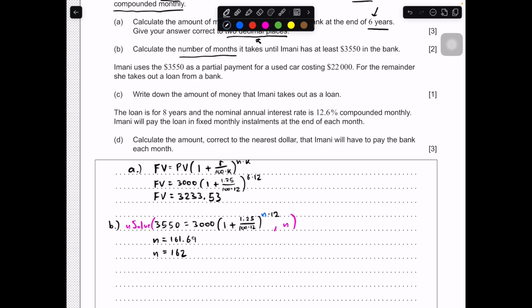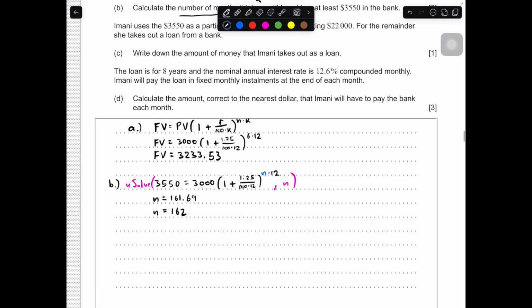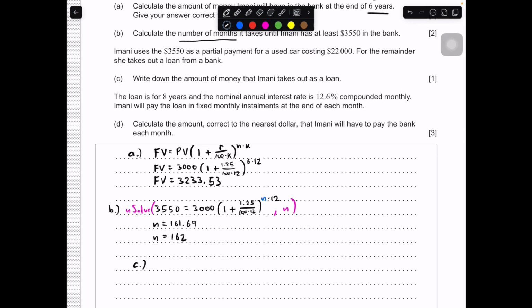Amani uses the $3,550 as a partial payment for a used car costing $22,000. For the remainder, she takes out a loan from the bank. Write down the amount of money that Amani takes out as a loan. Okay, so part C. So here, she wants to buy a car for $22,000. The bank often will require some initial kind of down payment, and in this case, she is paying $3,550. Car costs $22,000.